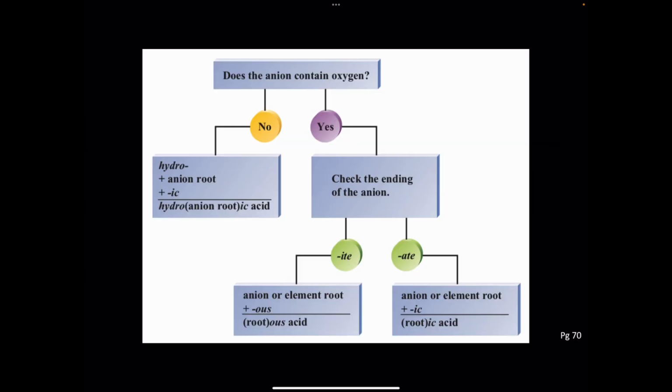Okay, so what we're looking at is, does the anion, the negative polyatomic ion, contain oxygen? If no, then it's hydro, the anion root, end it with ic. So hydro something ic acid, right? If it does contain oxygen, then we need to check the ending to see if it was ite or ate. If it's ite, we change the ending to ous, O-U-S. If it's ate, then we change the ending to ic, and we include acid afterwards.